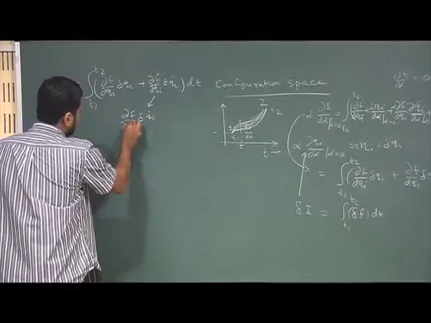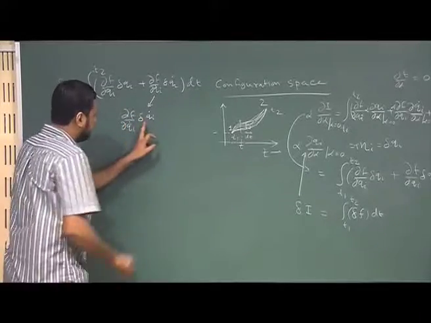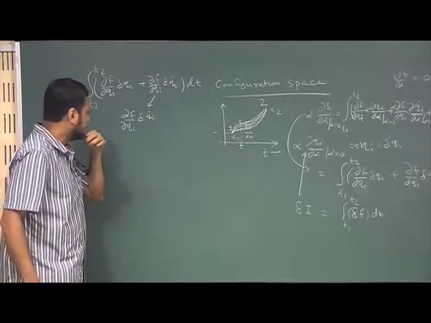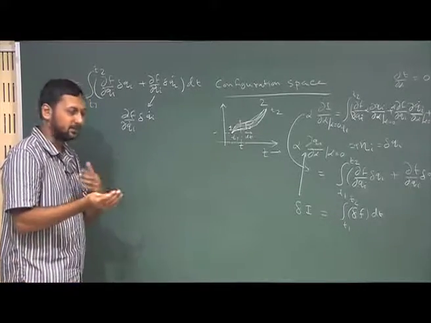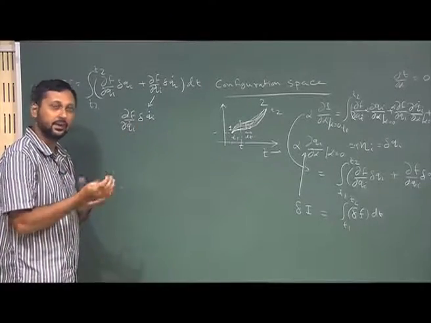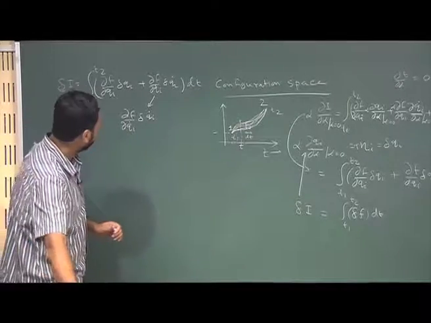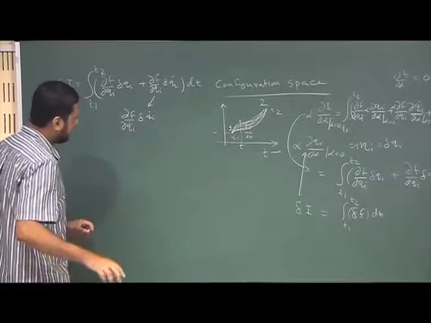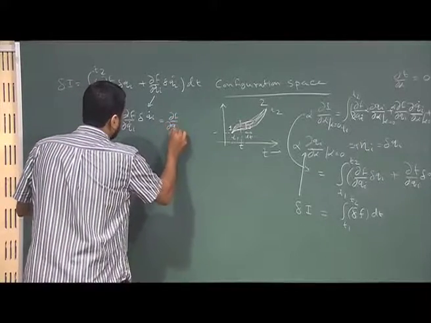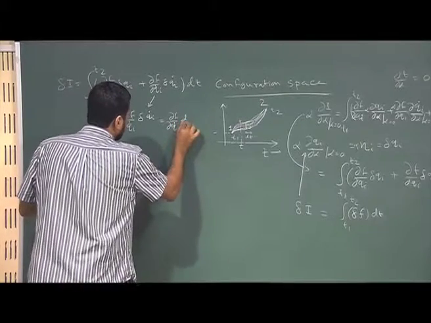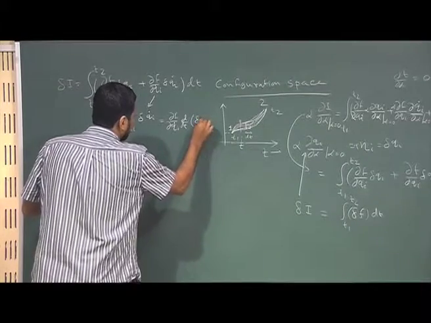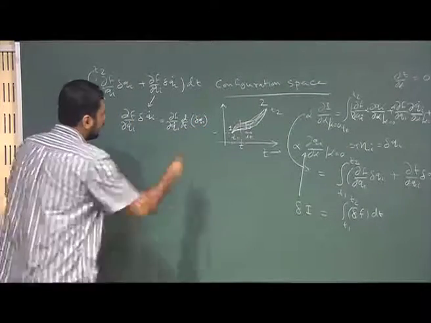See, there is a time derivative here, and what we derived in the beginning of the first lecture is that the standard derivative d/dt and the virtual displacement derivative delta can be interchanged. So, if this is the case, we can write this term as del f del qi dot d/dt of delta qi. Okay, we can do that.